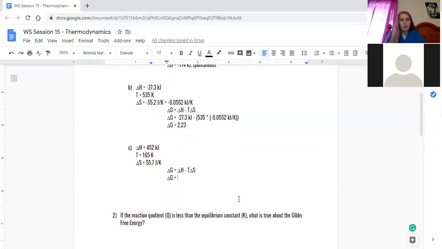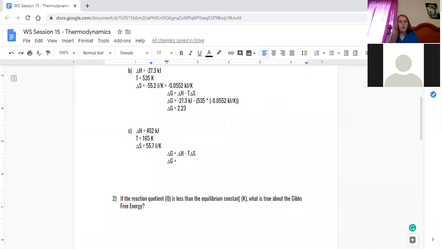Let's see. So this one, what numbers are we going to plug in here? I guess we have the thing we have to do first. So we have to change this first.